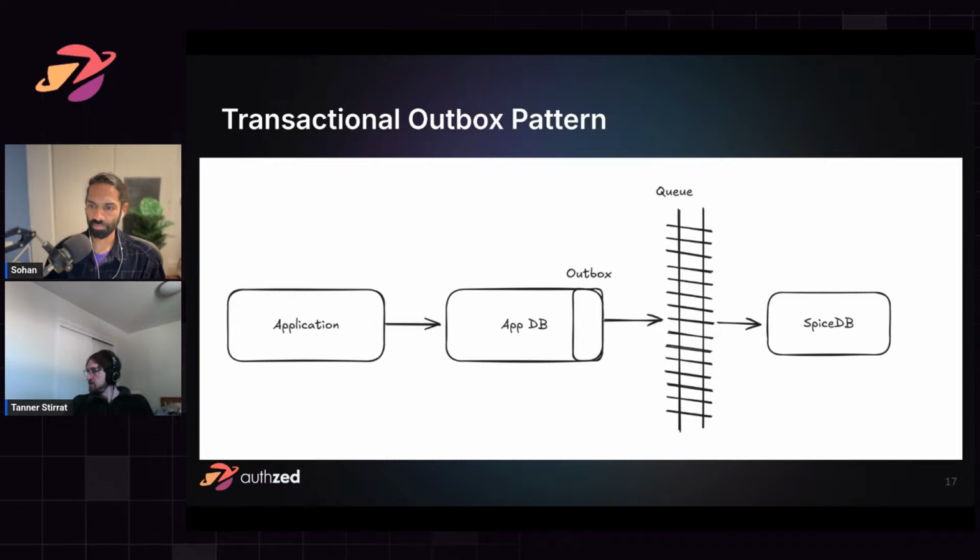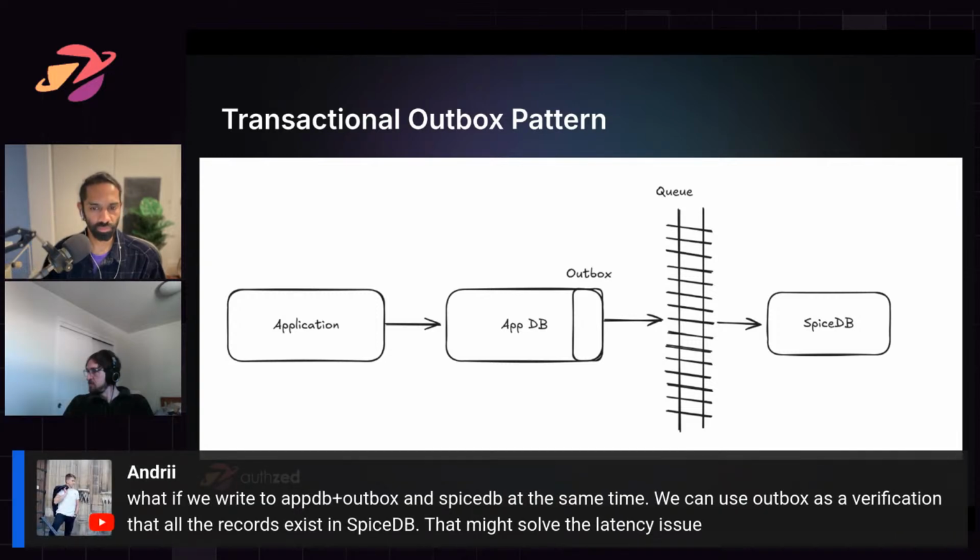Let's see. What if we write to AppDB and Outbox and SpiceDB at the same time? We can use Outbox. Yep, that's true. I would say that's kind of a hybrid approach between the transactional Outbox pattern and the out of band consistency checking. I don't think there's anything wrong with it.